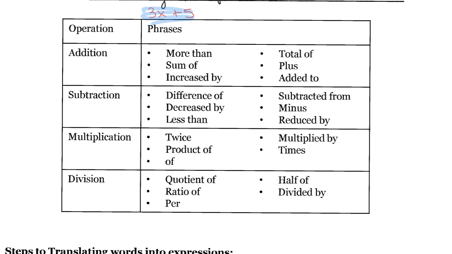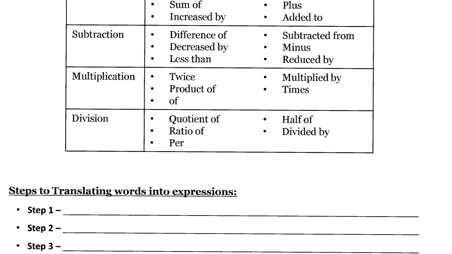The difference of, decreased by, reduced by, all of that means subtraction. Twice, product, of, multiplied, times, that all means multiplication. Quotient, ratio, per, half of, or divided by, all means division.